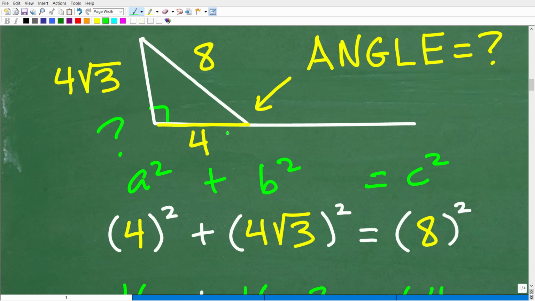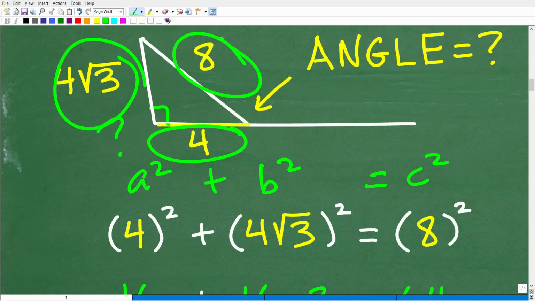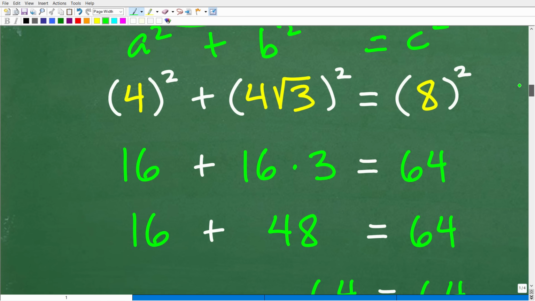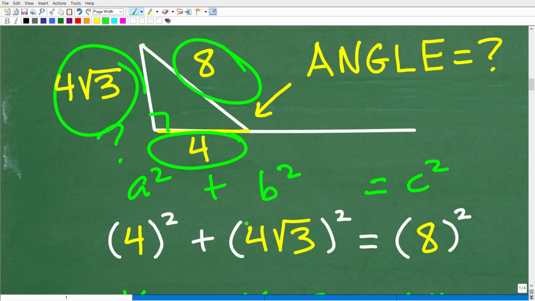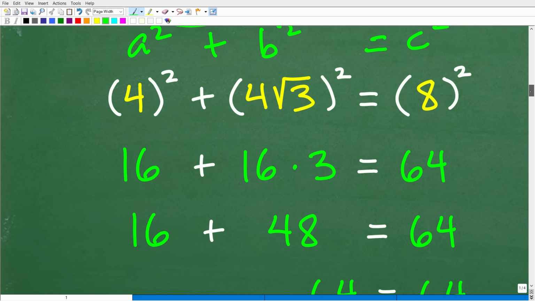We'll call this A, we'll call this B, and then we'll call this side C. Of course, the longest side is the hypotenuse, which is always C. Let's plug this in and see if this really works out. So a squared is going to be 4 squared plus b squared, and you can see these sides here. Let me scroll up here. B squared would be 4 square root of 3 squared is equal to 8 squared, and let's simplify it and see if this is true.